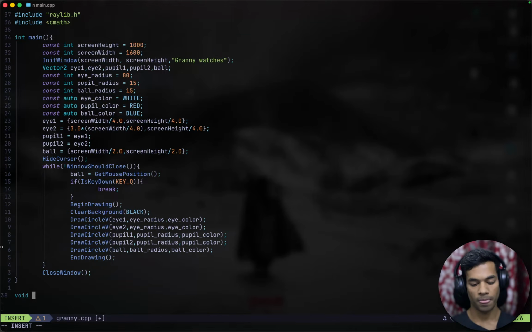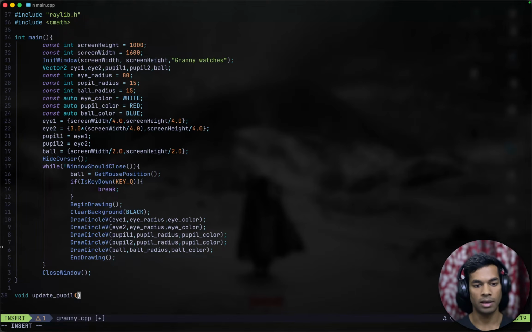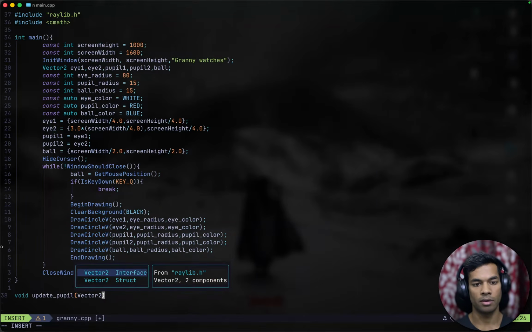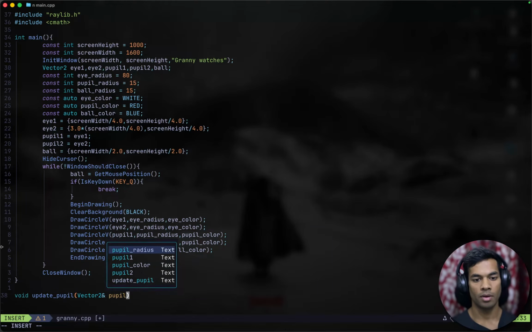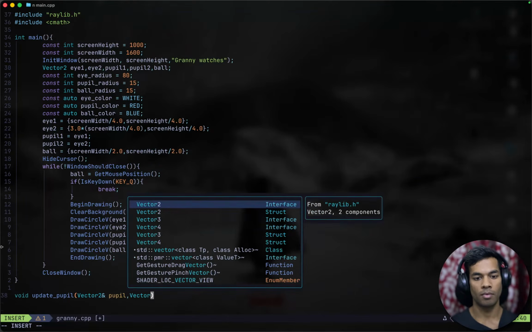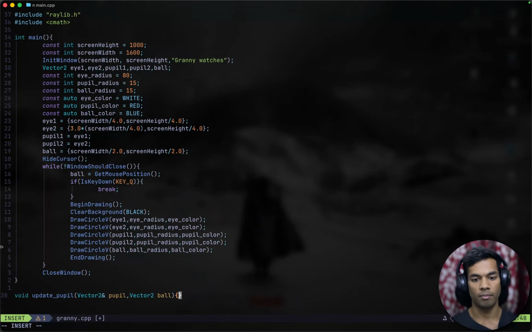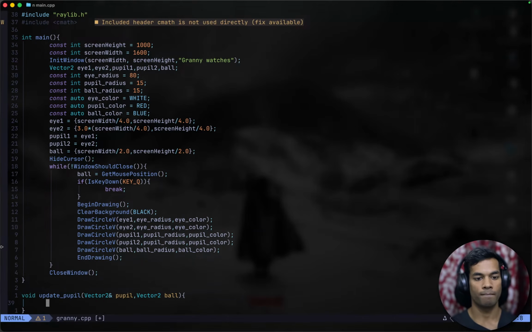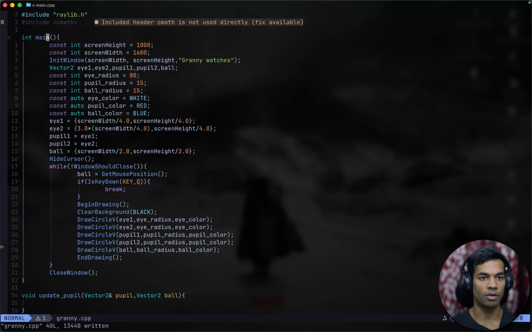This function will update pupil. This will take a vector 2 reference of pupil and vector 2 of ball. And let's declare the function at the top so that we can call this later.